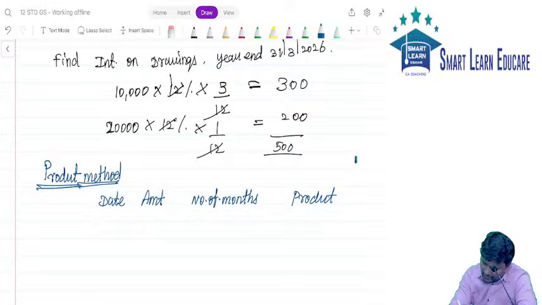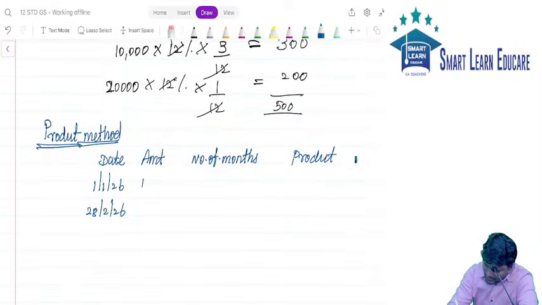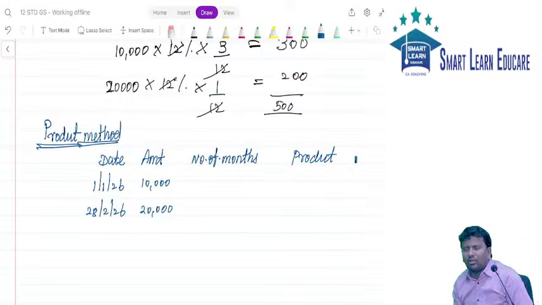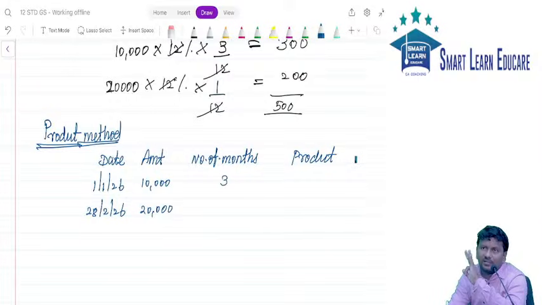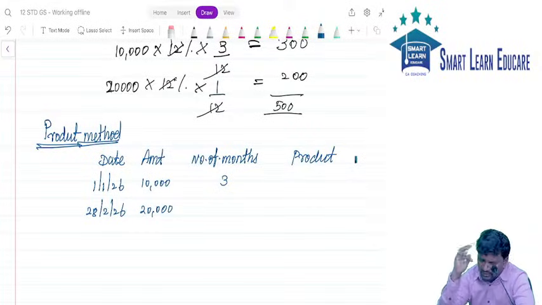In the first date column, I will write when the first drawings happened: 1st January 26. The next drawings happened on 28th February 26. What is the amount of the first drawings? 10,000.